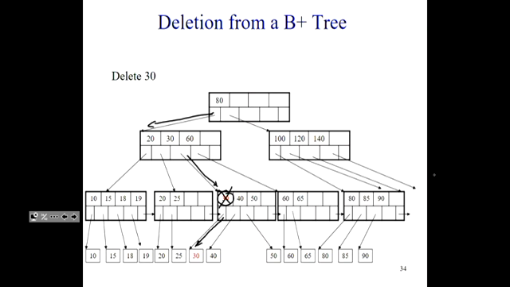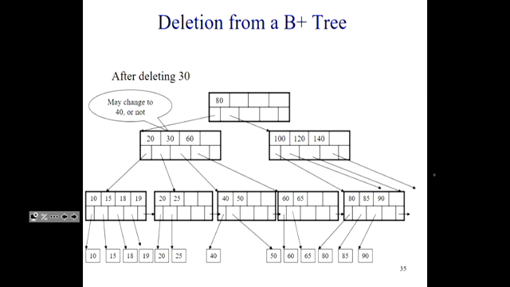So I go ahead and delete this. I'm okay because this still contains two keys and two pointers. I'm still maintaining the condition that D, the minimum number of keys, is still 2. So I'm okay so far. So I can go ahead and delete.